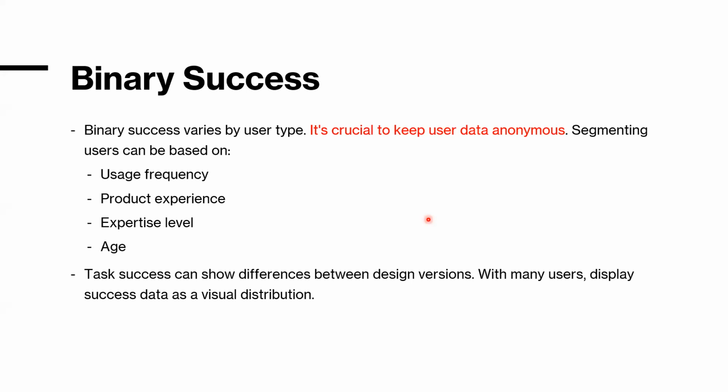When you're talking about binary success, it is very important to keep users' data anonymous. This is not only for success; in any usability test, make sure you never collect personal particulars, for example their name, date of birth, and so on.